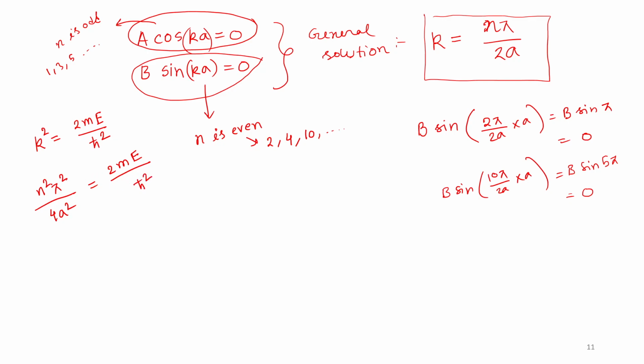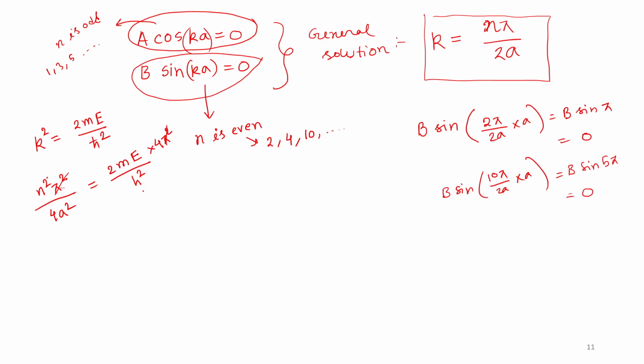If we write it in terms of h square instead of h cut square, I'll write 2 pi square upper part, that is 4 pi square, so pi square is gone.